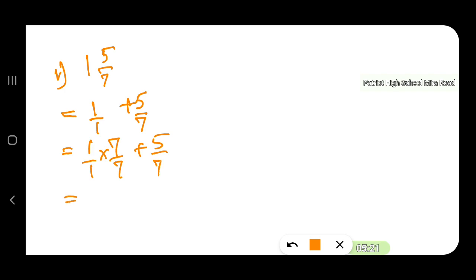So this will give us 7 upon 7 plus 5 upon 7. Now denominator being the same, we can add the numerator. So 7 plus 5 will give you 12. 12 upon 7 is the improper fraction, the answer.